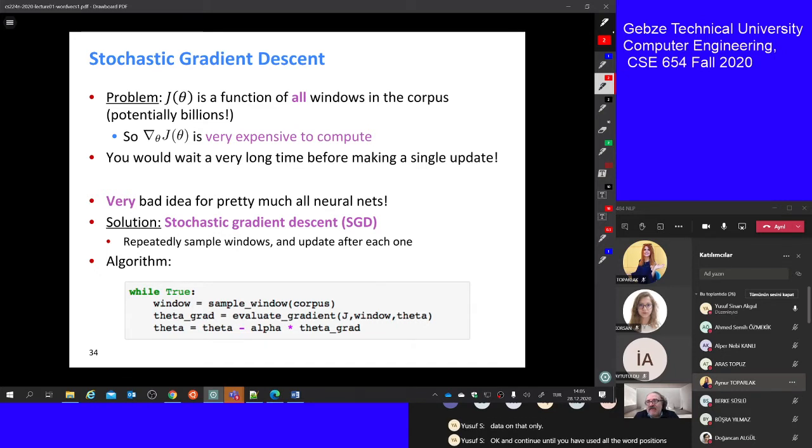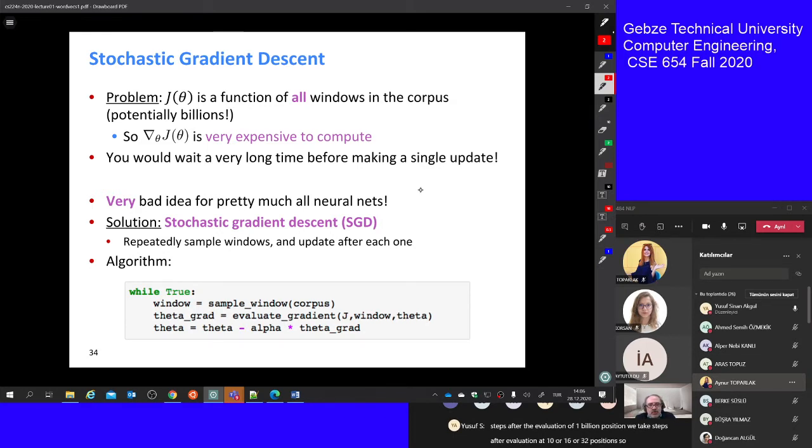There is no running away from calculating all of your stuff on those 1 billion positions, but we don't take our steps after the evaluation of 1 billion positions. We take steps after evaluation at 10 or 16 or 32 positions.